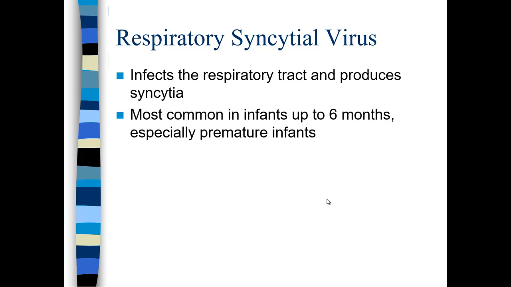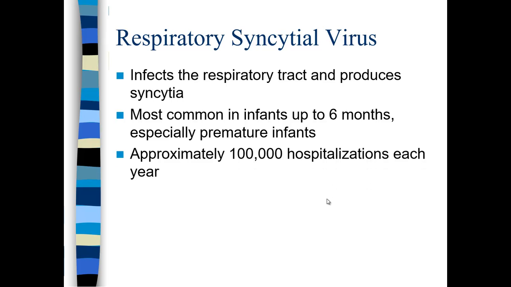This is really common in neonates as well as preemies, especially preemies. And this can result in about 100,000 hospitalizations per year. Symptoms include fever, rhinitis, runny nose, sore throat, and ear infection, or an affected ear, redness of the ear.